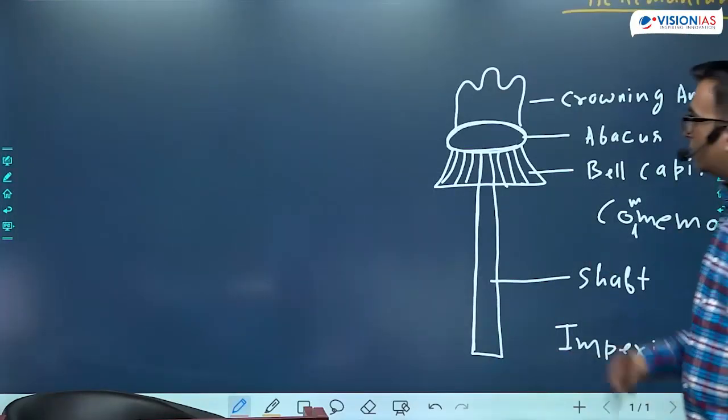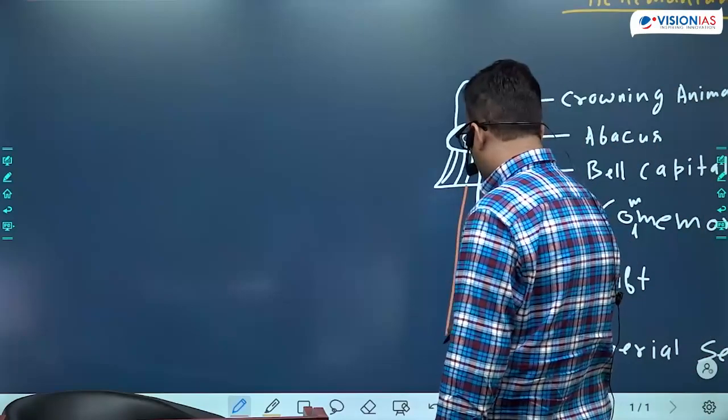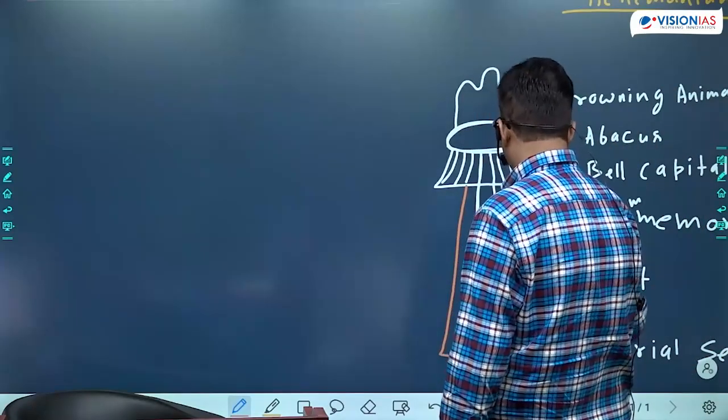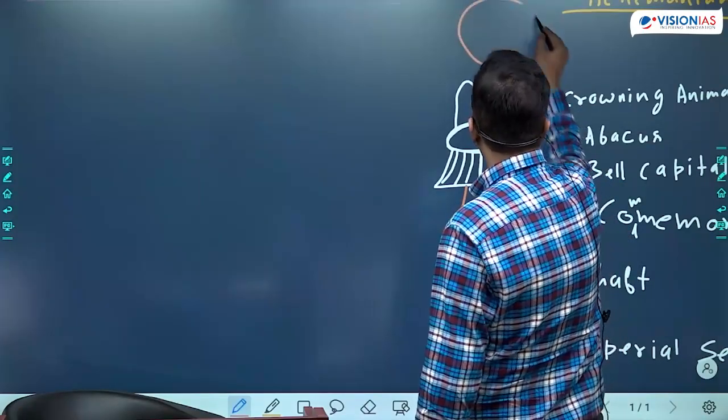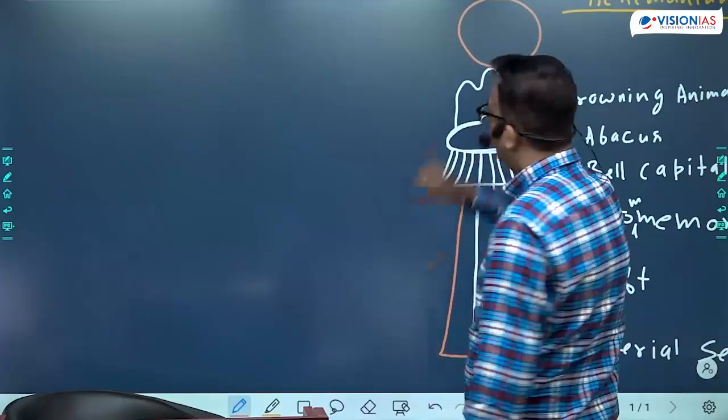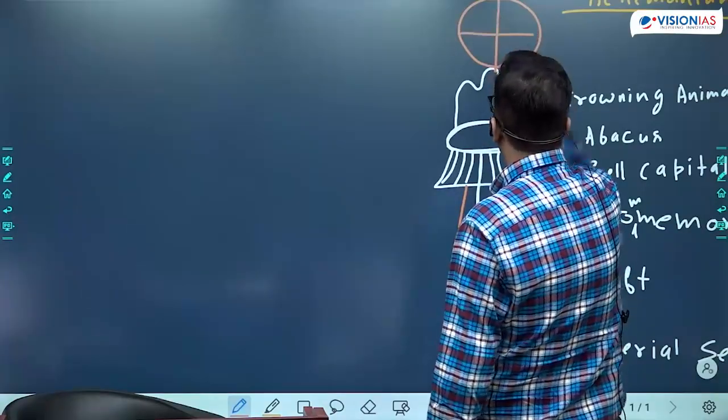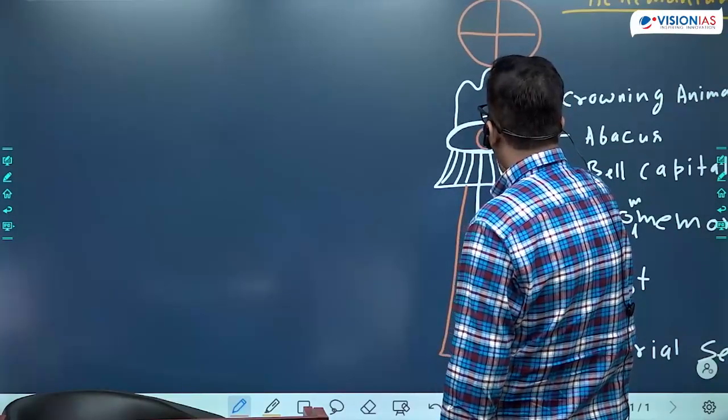Originally the Sarnath pillar that we have got had a chakra at the top, so there is this chakra over here also.